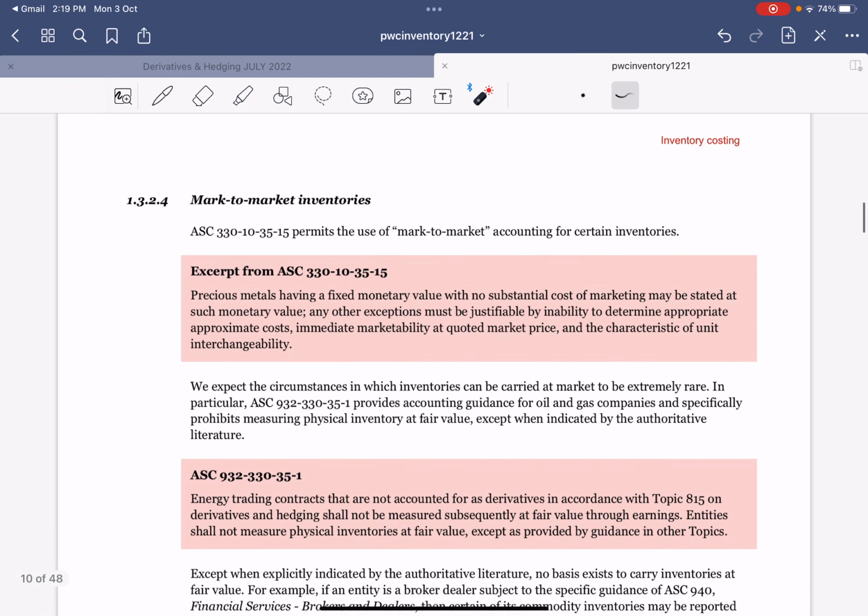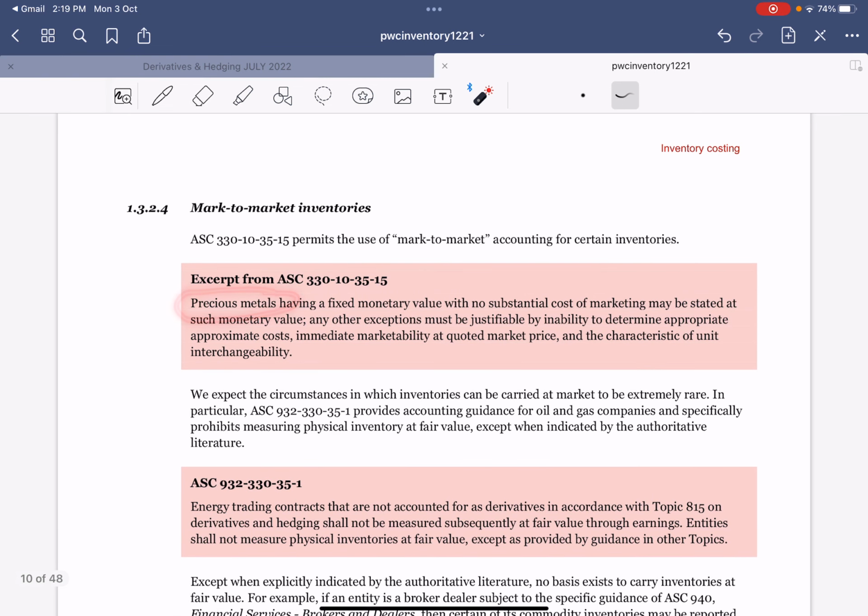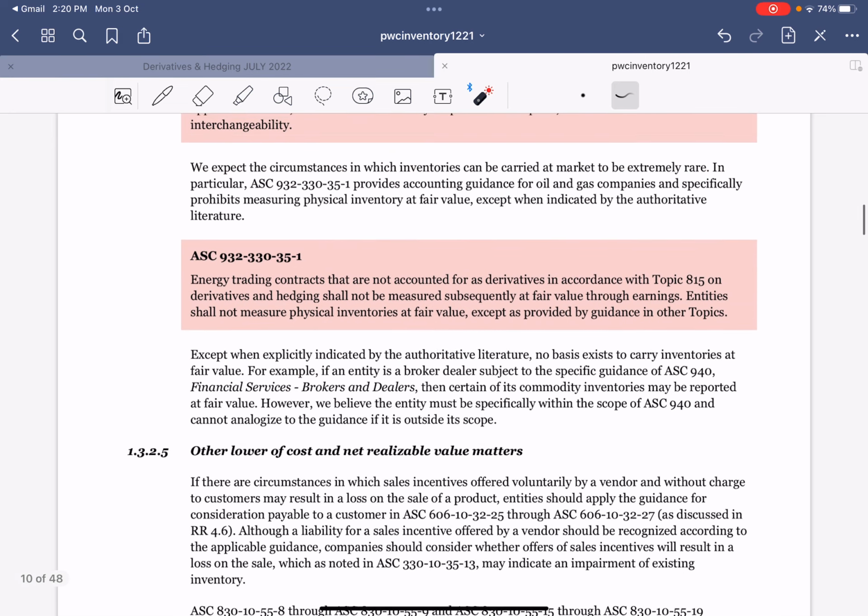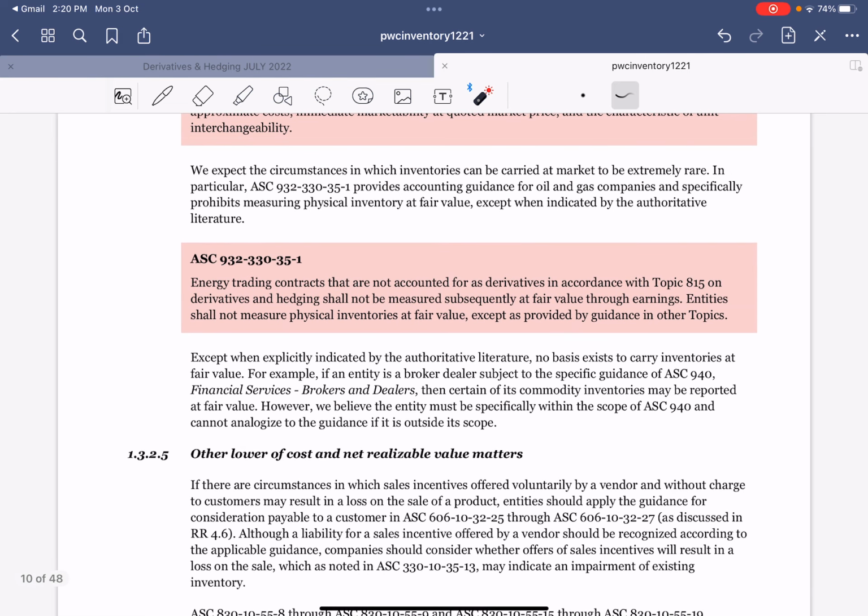Okay, precious metals. Okay, I have understood now. Precious metal like gold having fixed monetary value with no substantial cost of marketing may be stated at such monetary value. So it should be recognized at the price on 31st December or at the end of the reporting period. Except when indicated by authoritative legislation, no basis exists for carrying inventory at fair value.